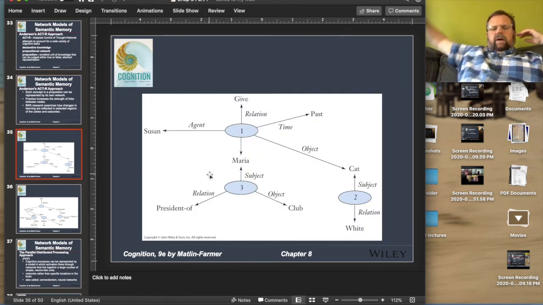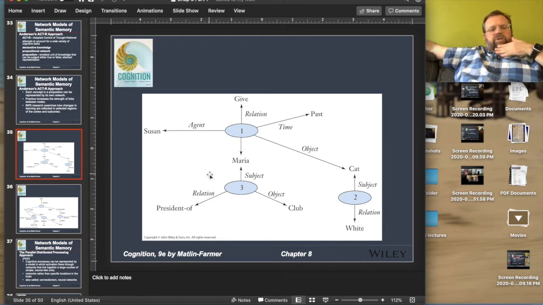So here's one model of one of these network connections. You can see that there's a lot going on to understand what a certain concept is. So we have an agent, Susan, who's giving to Maria a particular cat, and that cat happens to be white, and Maria is also the president of a particular club.